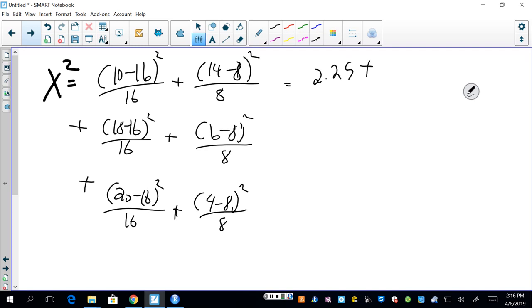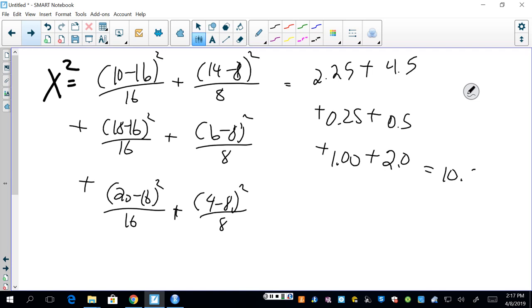This one is a big contribution, right? 6 squared is 36 over 8. That's pretty out of balance. That adds in 4.5. The next two rows add in 0.25 and 0.5, not all that discrepant, and then 1 and 2. So this all adds up to 10.5, which is a pretty big value.